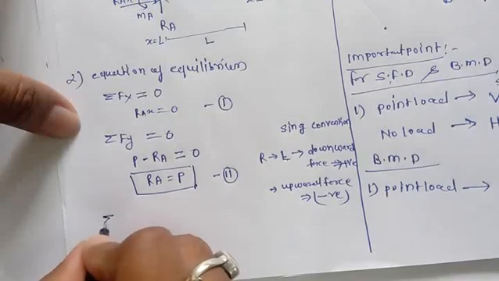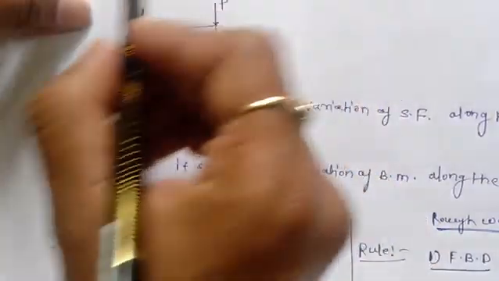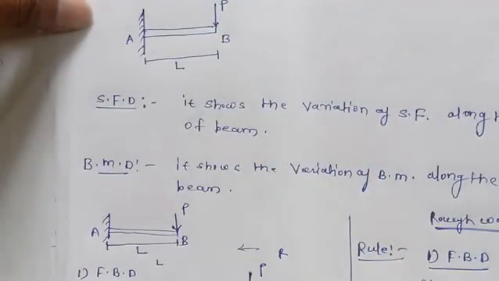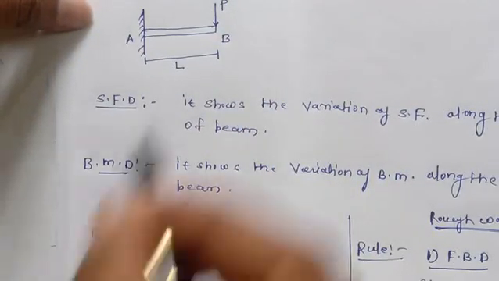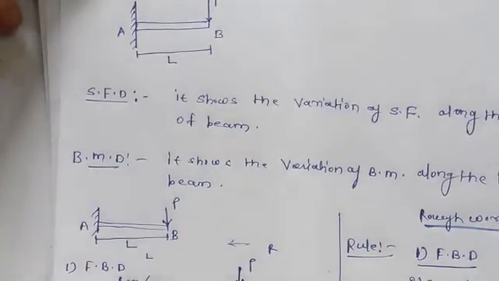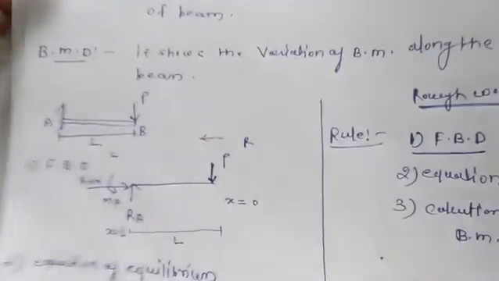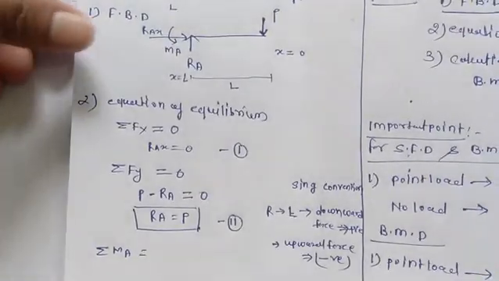Similarly, I have to take moment about A, because these are coplanar forces, and coplanar forces will produce moment, as already discussed in the previous lecture on shear force and bending moment diagrams.